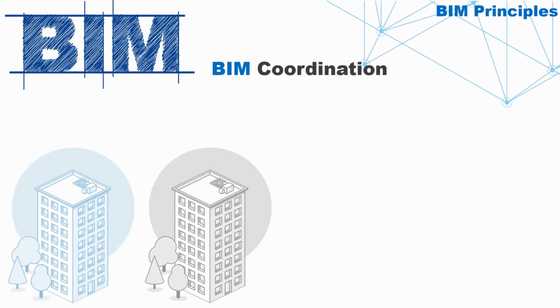The third BIM principle we'd like to talk about as well is coordination. When we develop a virtual model, we do this because it needs to mimic what the physical building will look like. Everything about the virtual model will become the physical building itself.